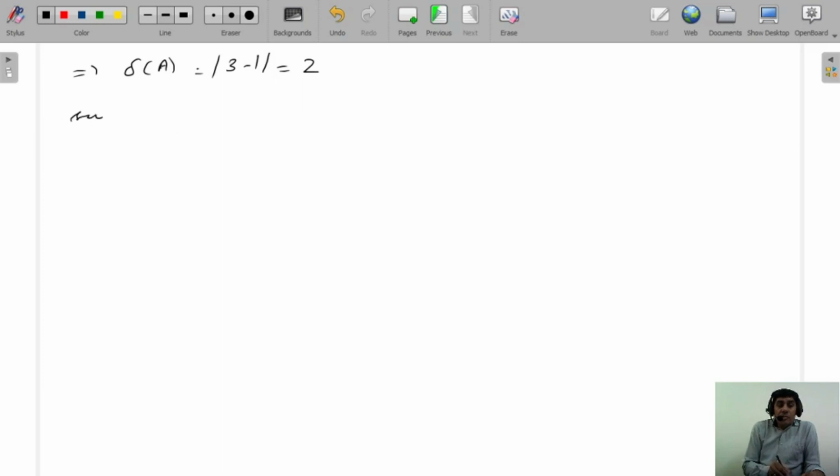Suppose A is equal to {4, 7}, then diameter of A is equal to modulus of 7 minus 4 is equal to 3.